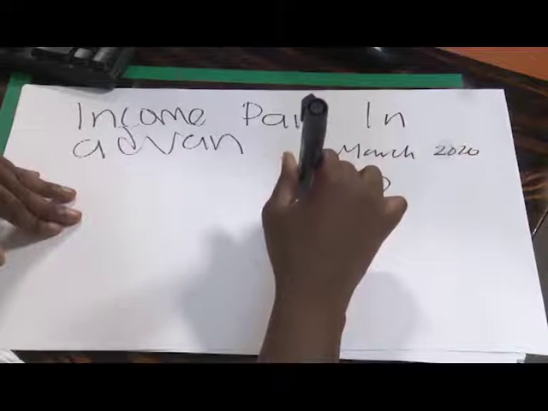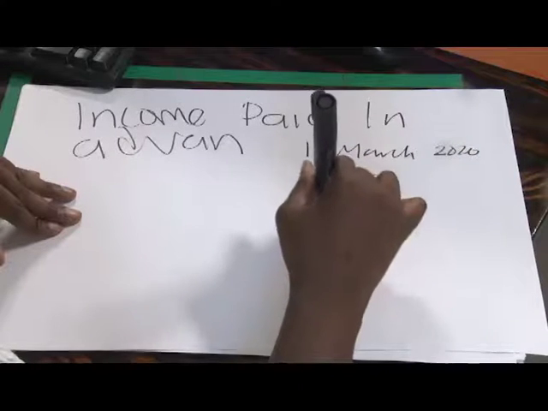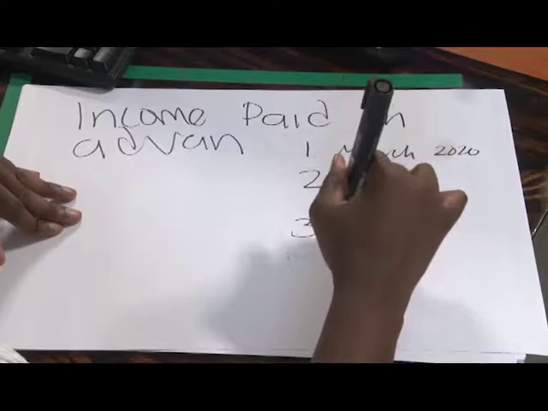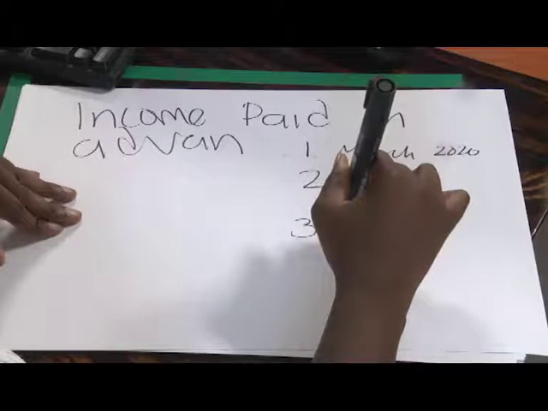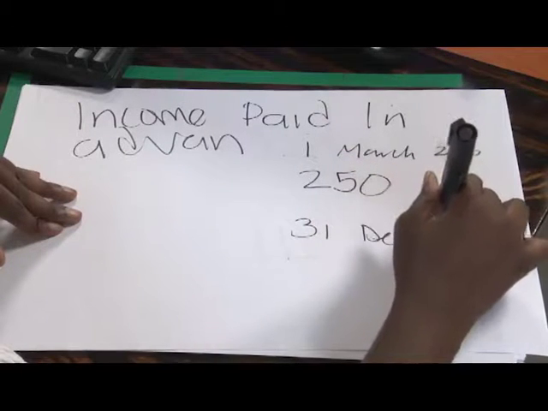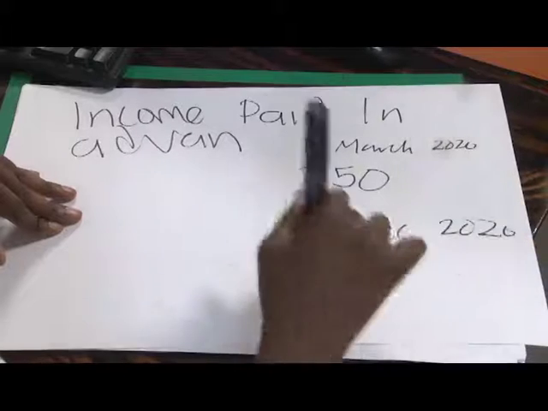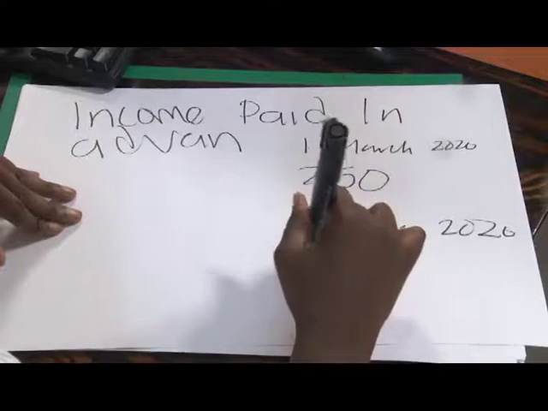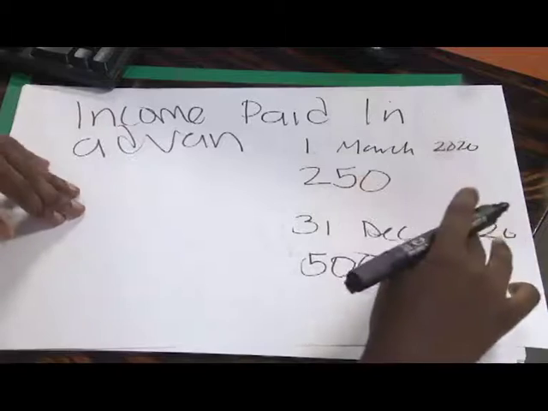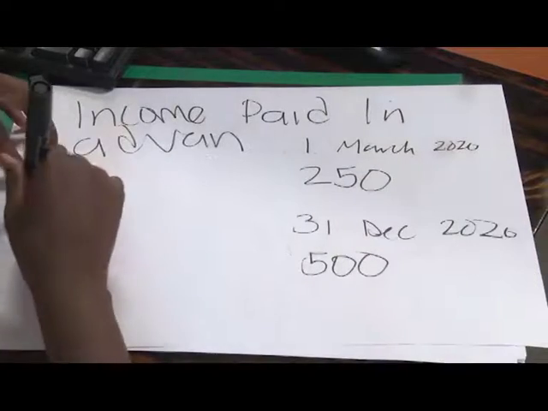And then we have the end, 31 December, just an example, 2020, that is the end, right? This is going to be, say for example, 500. So what are we going to do when we are going to do our T account?